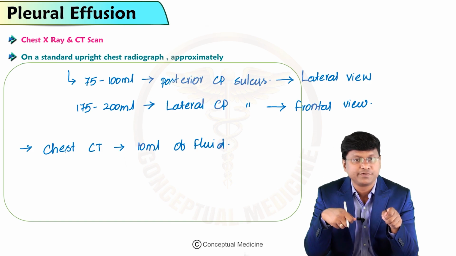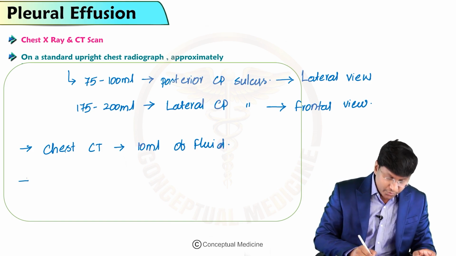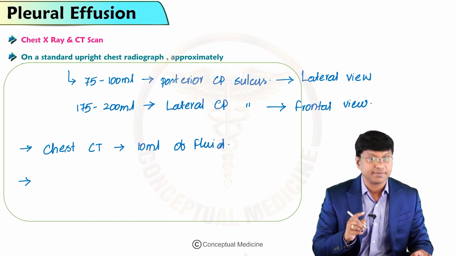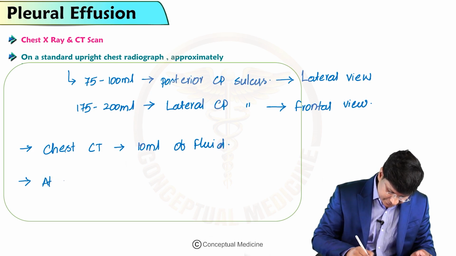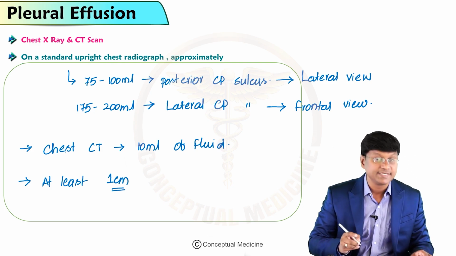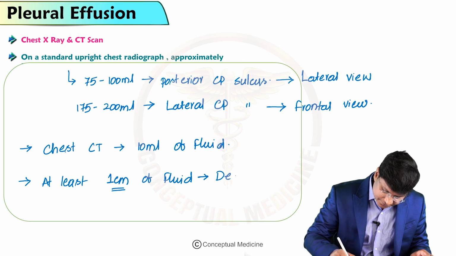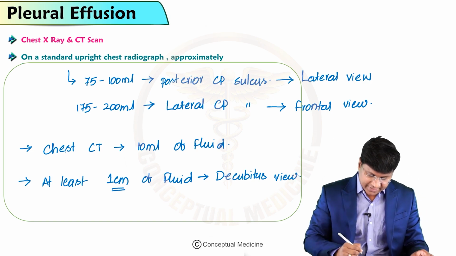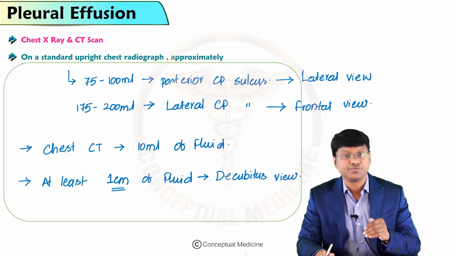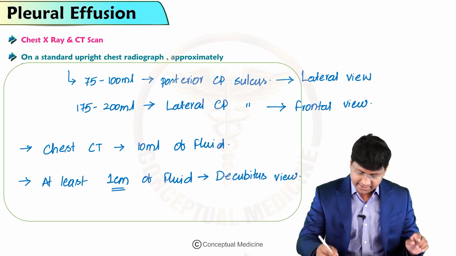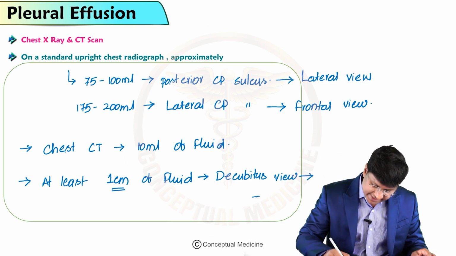It is nothing but the aspiration of fluid with the help of a pleural fluid needle, or pleurocentesis needle. So for doing thoracentesis blindly, at least 1 centimeter of fluid on the decubitus view is necessary.